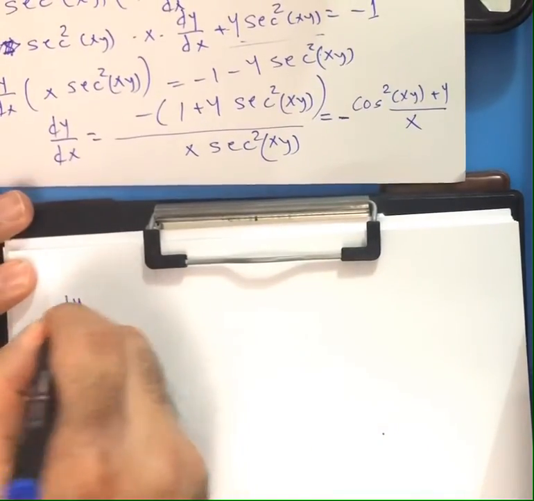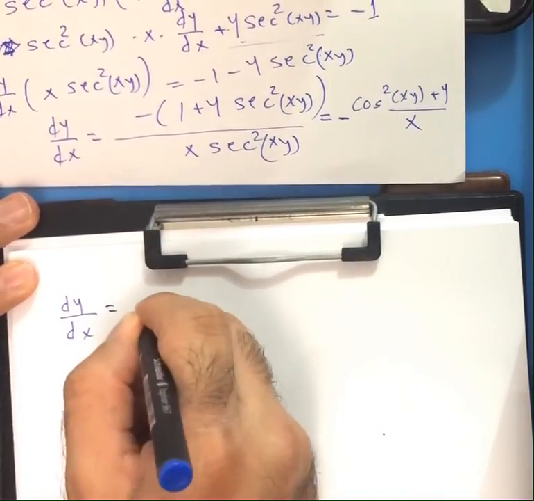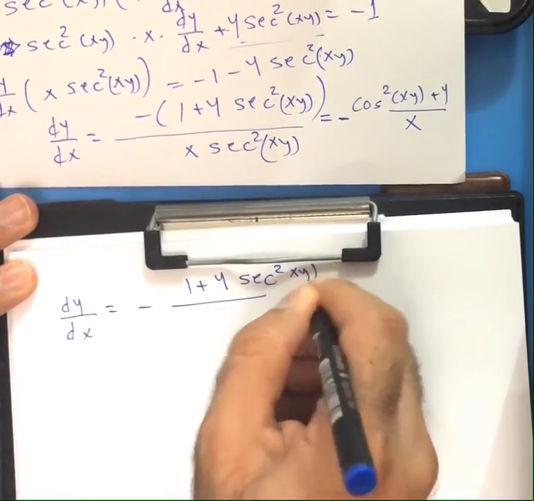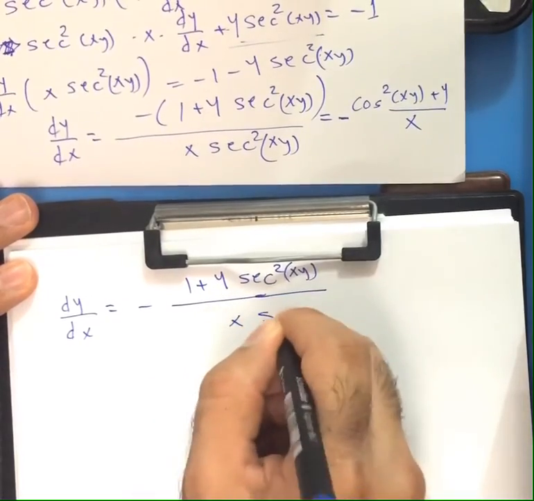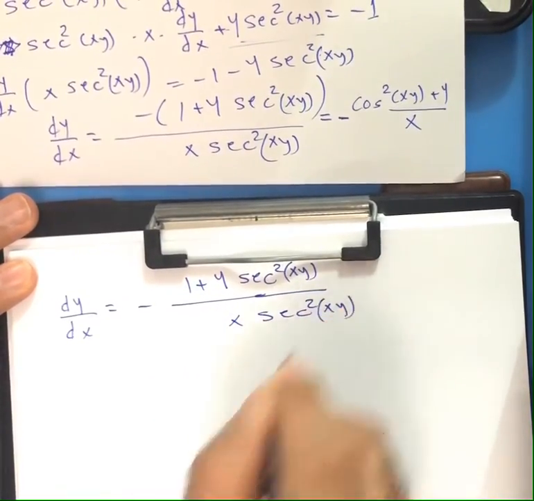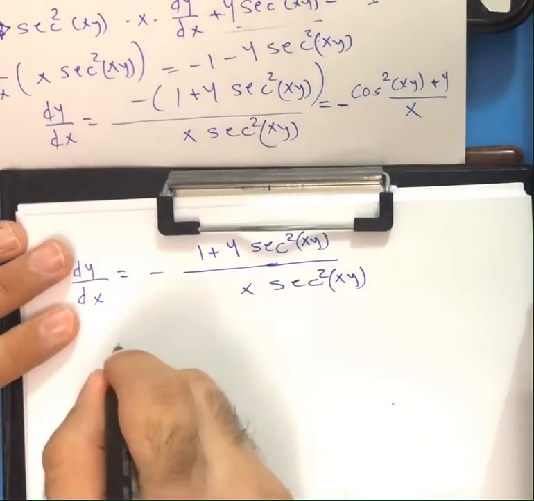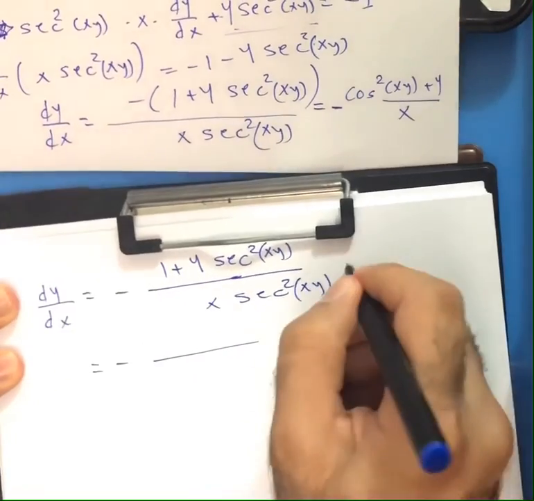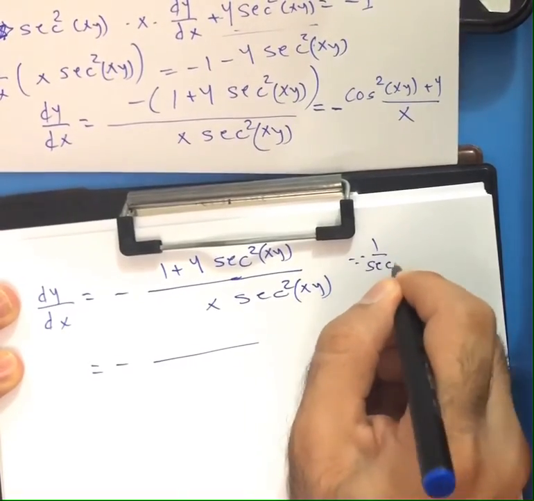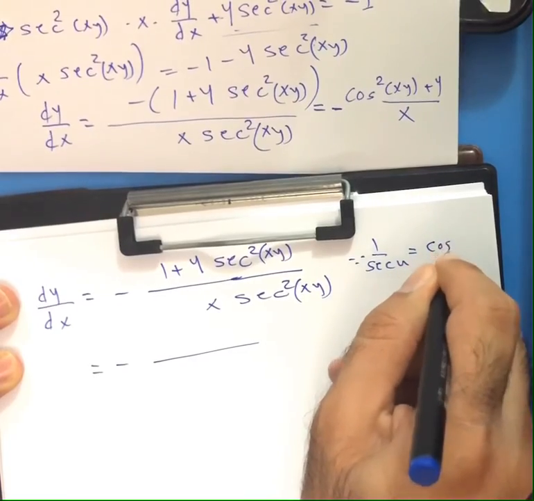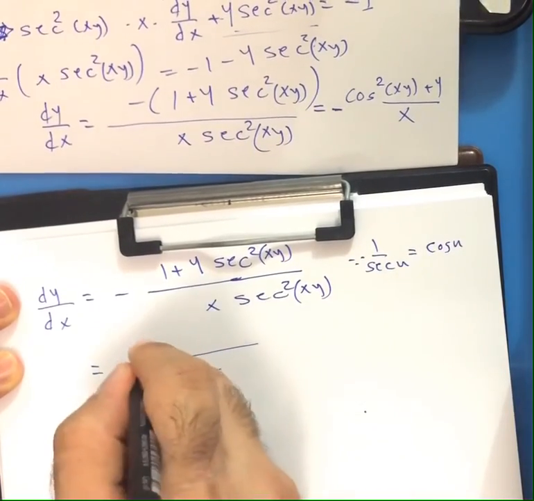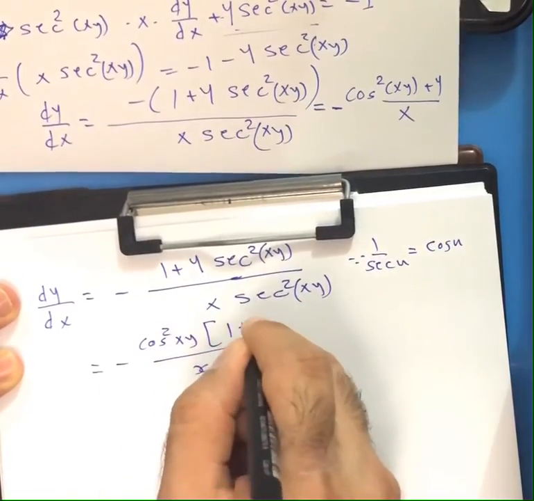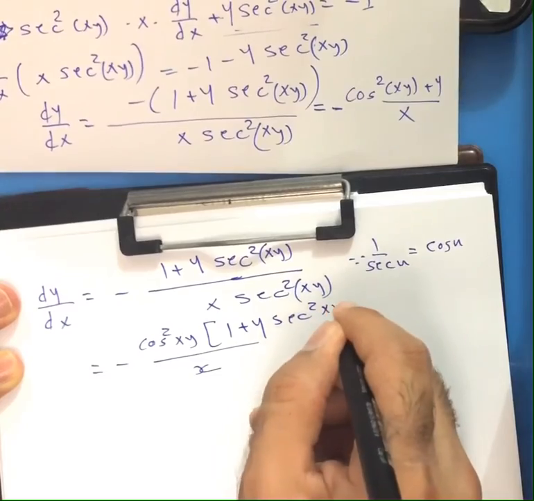We reach dy by dx equal to minus 1 plus y sec square xy divided by x sec square xy. After that, we know that 1 over sec u is equal to cosine u. In this way, I can write cosine square xy multiplied by this 1 plus y sec square xy.